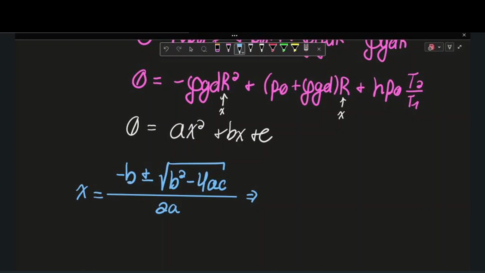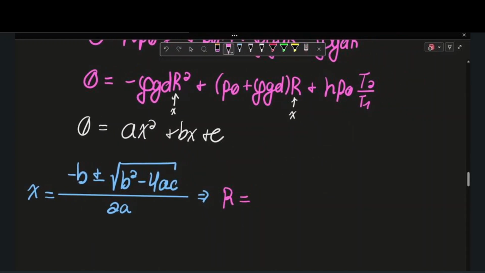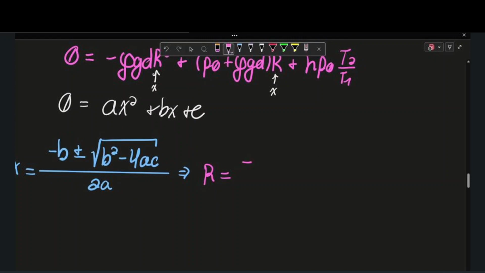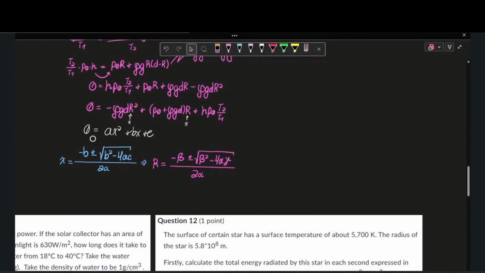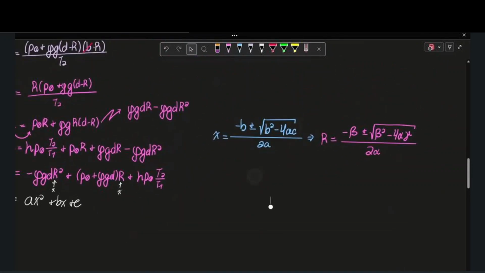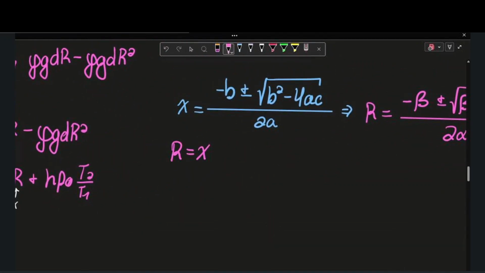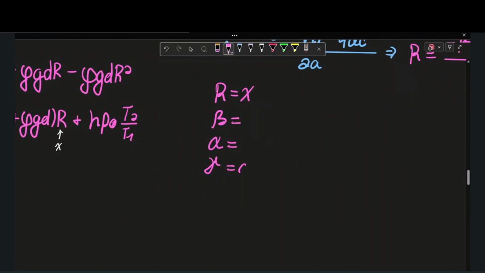We'll rewrite this for our equation, where R is equal to negative beta plus or minus square root of beta squared minus 4 alpha gamma, all over 2 alpha. Now we have to define these variables. You know that R is equal to x, beta is equal to, alpha is equal to, and gamma. Gamma is a constant here, so it's c.